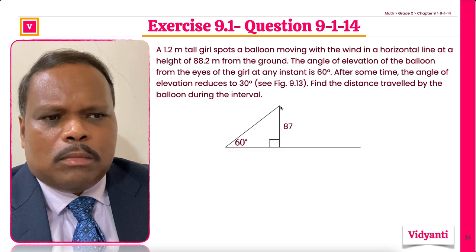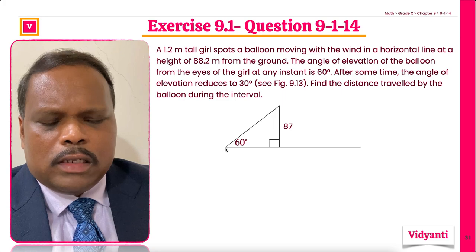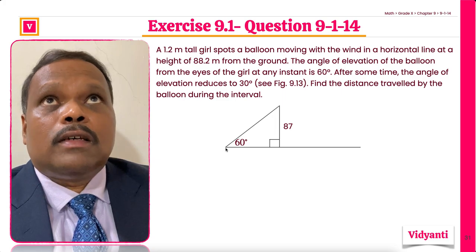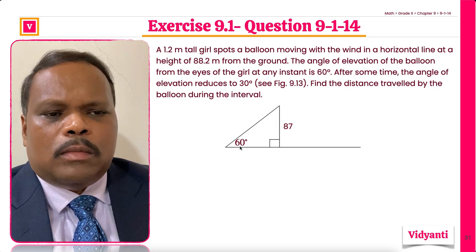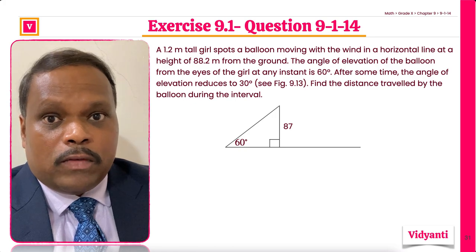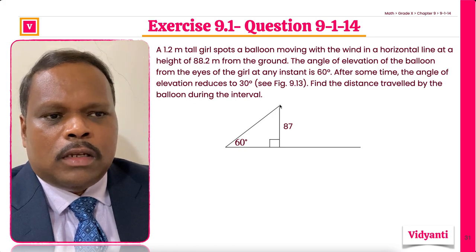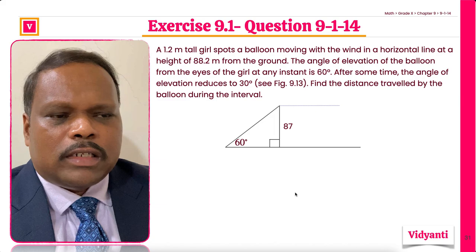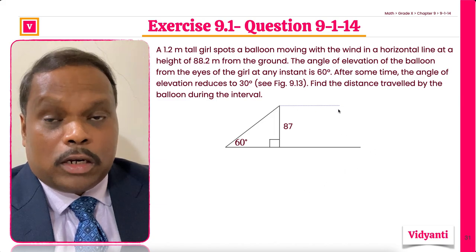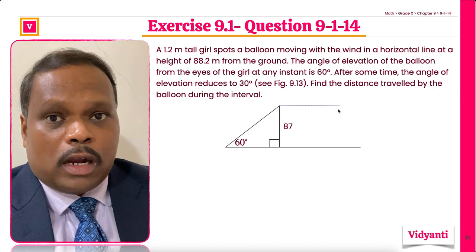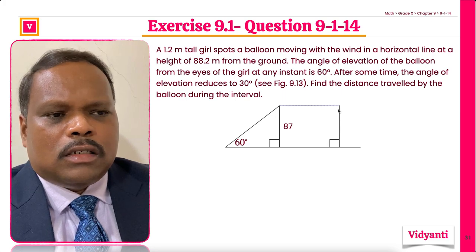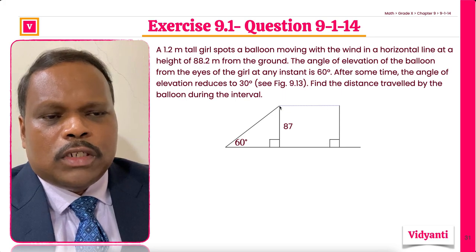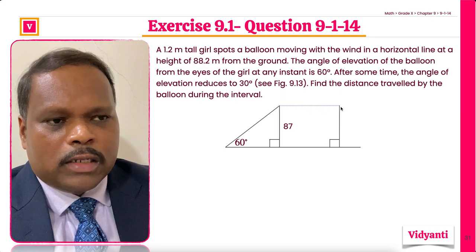So the balloon is here, the girl is here, she raises her eyesight level and it becomes a 60 degree angle of elevation. After some time, the balloon is traveling, let's say towards the right, horizontally without gaining or losing altitude. This is the original position of the balloon, and this is the final position.